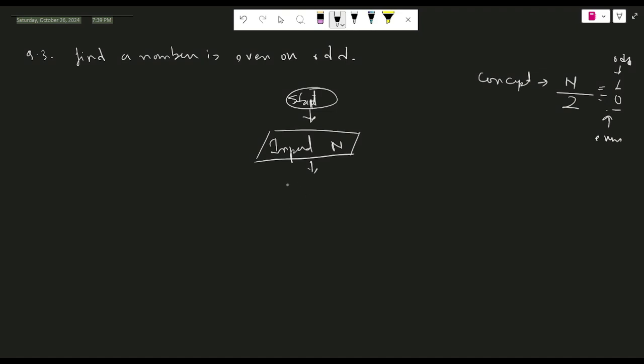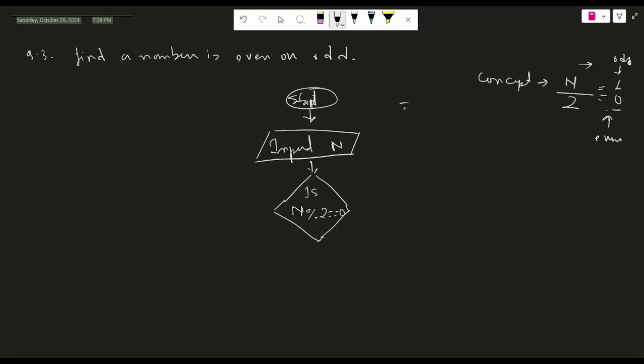After that there will be a decision. Earlier I told you about the modulus symbol, so here we will use modulus, because in division we get the quotient as our answer. We don't want the quotient, we want the remainder as our conditional statement. So here we will write, is n mod 2 equal 0.